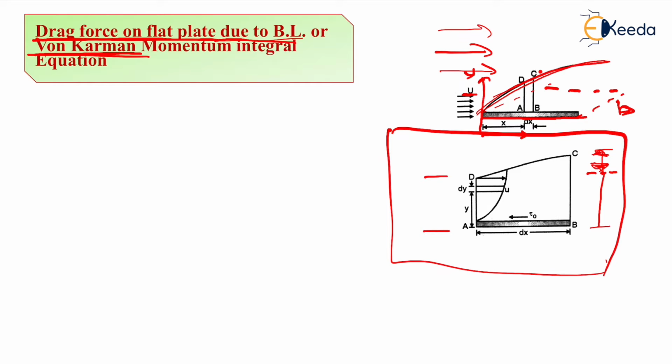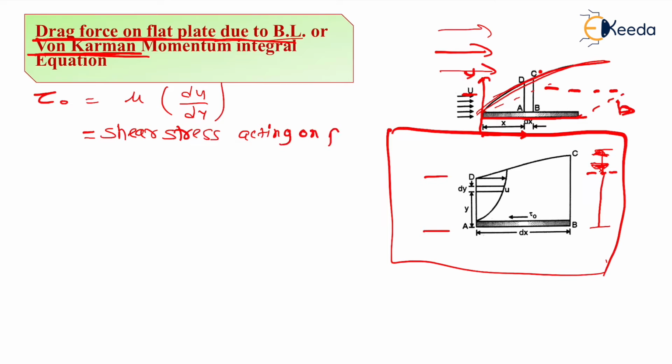According to Newton's law of viscosity, shear stress tau is equal to mu du upon dy. This du upon dy is called as velocity gradient or rate of shear strain. In our case we will call it as tau nod. So this is nothing but the shear stress acting on plate.